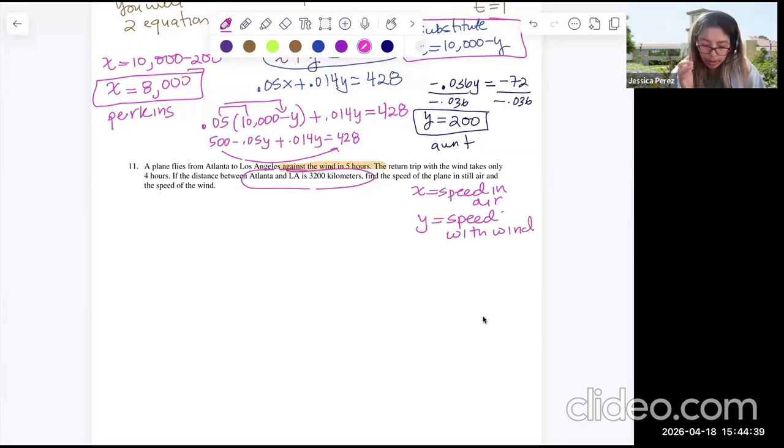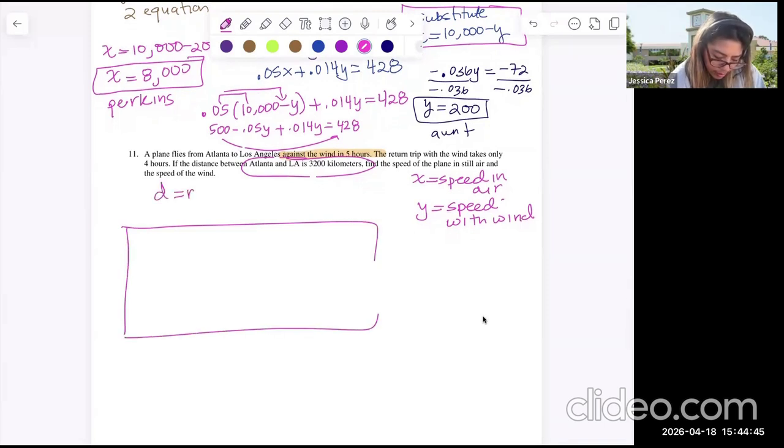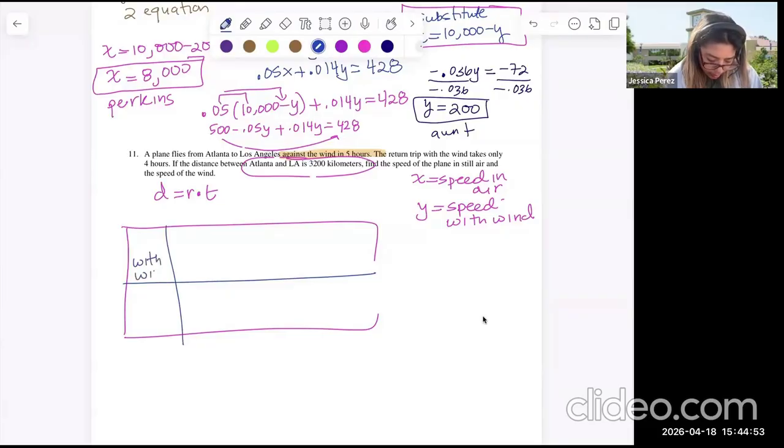Then when we're doing a setup, and it's always going to be the same, we have distance equals rate times time. And we are going to do a setup between with the wind and without the wind, or against the wind, if you will.